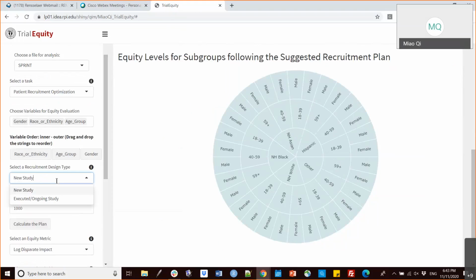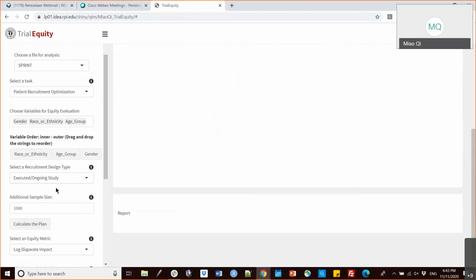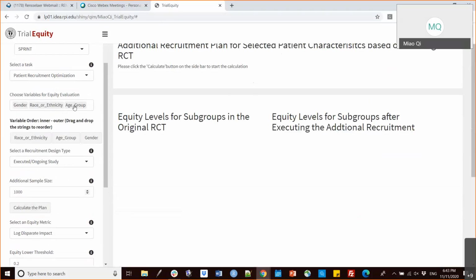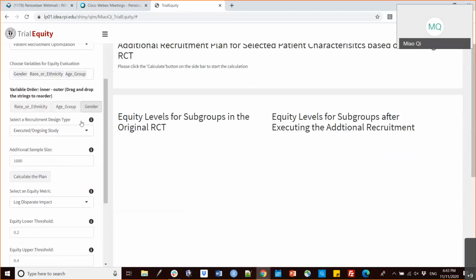That's for the new study, but how about if my study is already shown to be inequitable? Then here, there is a limitation for my additional recruitment. I can only recruit about 1,000 people, maybe because of the budget or something.